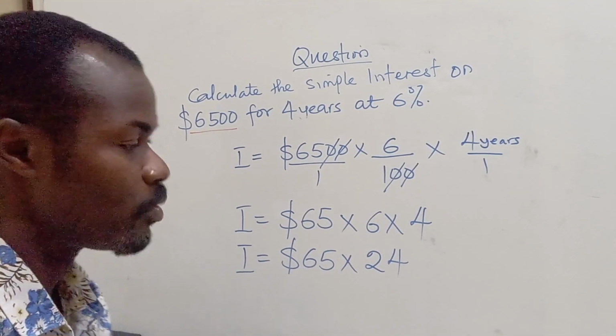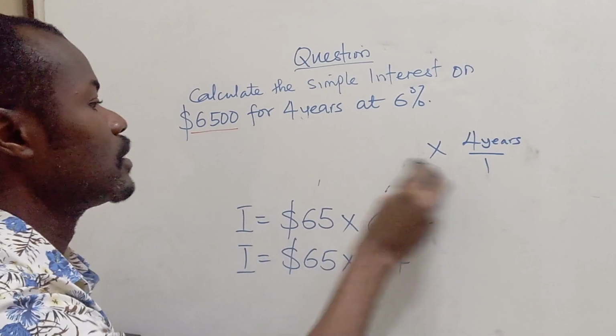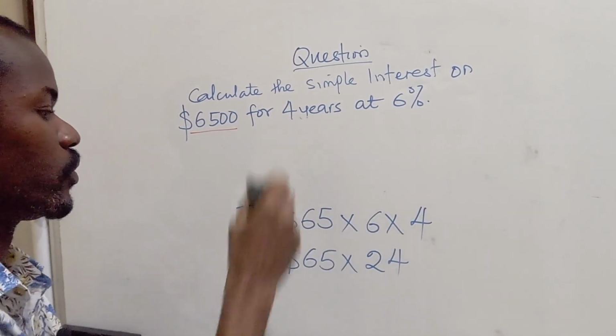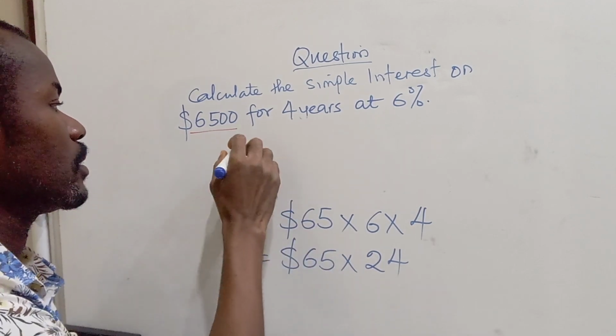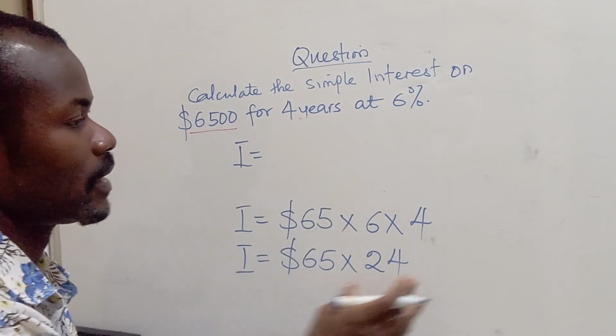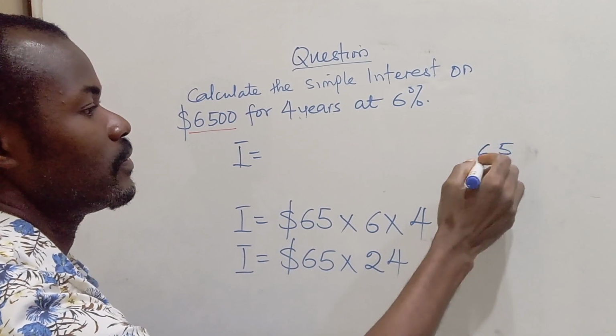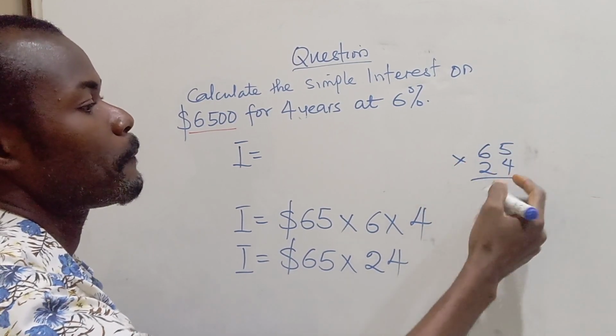We are going to quickly multiply this to see what we get as our interest. So we have 65 times 24.